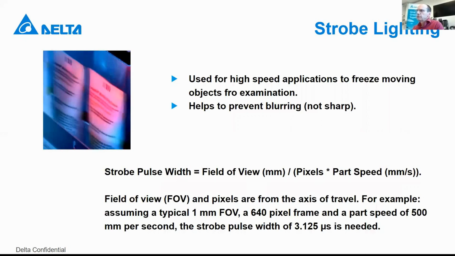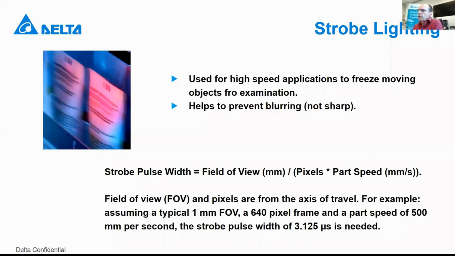Strobe light. When you have a high-speed moving object, you use strobe lighting. That means you start your light at the moment your object is coming, then you switch on your camera, and you switch off your light when the object is gone. And you do that at a very high speed.